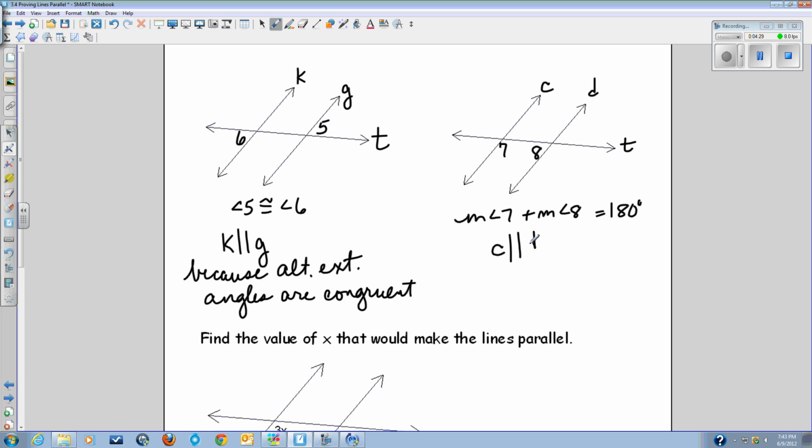We're going to say C must be parallel to D because angles 7 and 8 are consecutive interior angles, and if consecutive interior angles are supplementary, then the lines are parallel. So we're going to say because consecutive interior angles are supplementary.